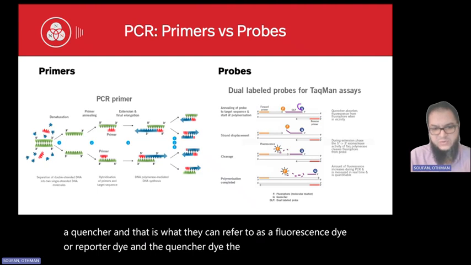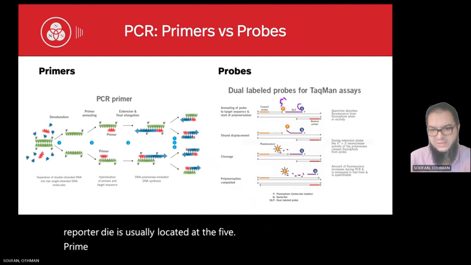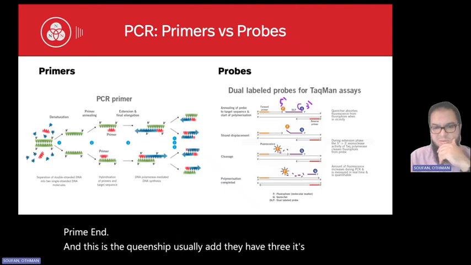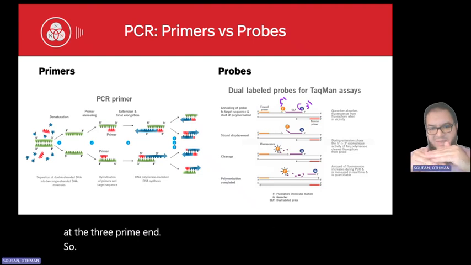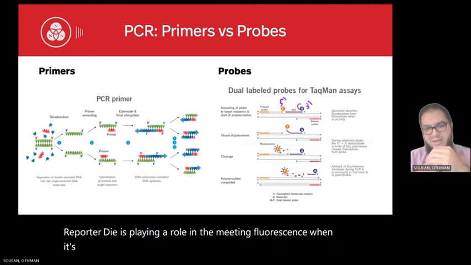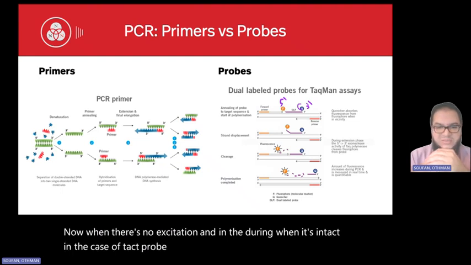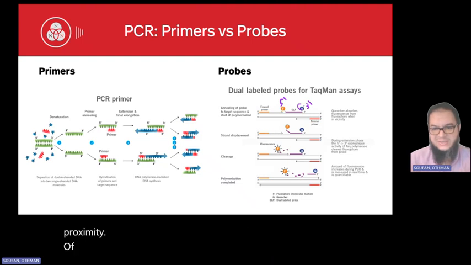The reporter dye is usually located at the 5' end, and the quencher is usually situated at the 3' end. The reporter dye plays a role in emitting fluorescence when it's excited. When there's no excitation, in the case of an intact probe, the fluorescence is quenched by the proximity of the second dye.